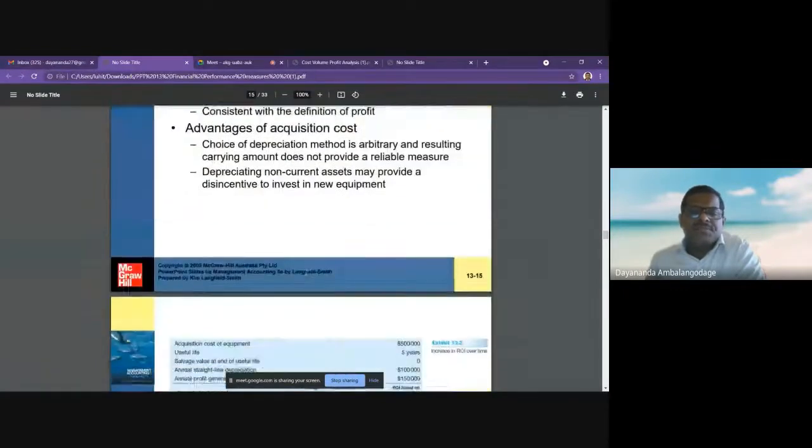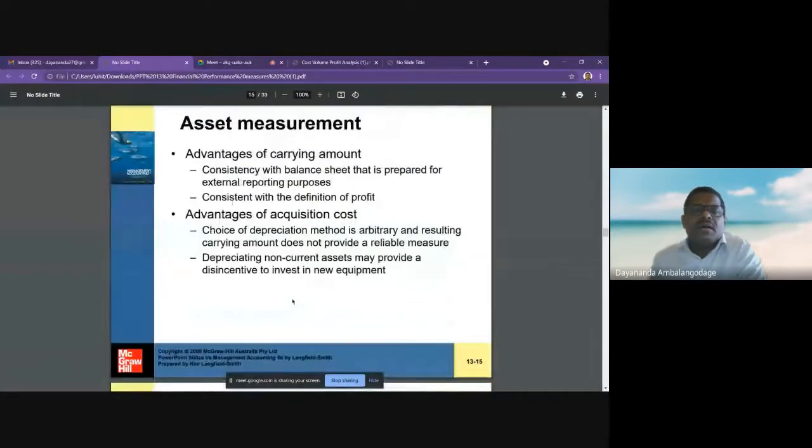Assets measurement. Advantage of carrying amount: consistency with the balance sheet prepared for external reporting purposes, and consistency with the definition of profit. When you carry the assets at carrying amount, you reduce the depreciation, so that's a plus point.